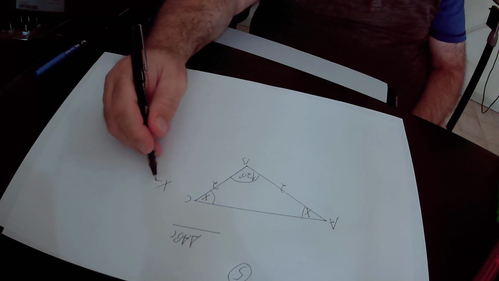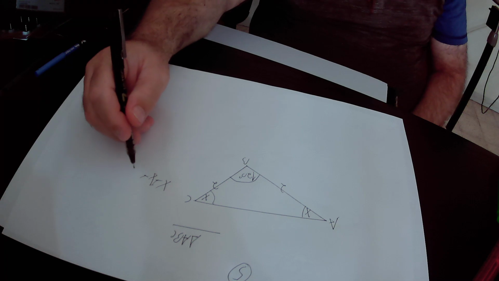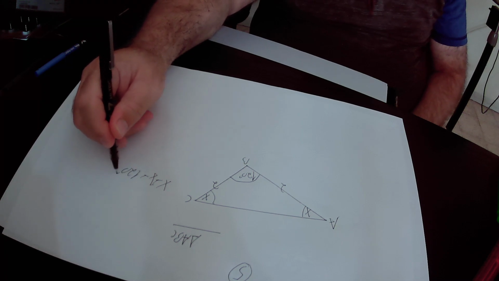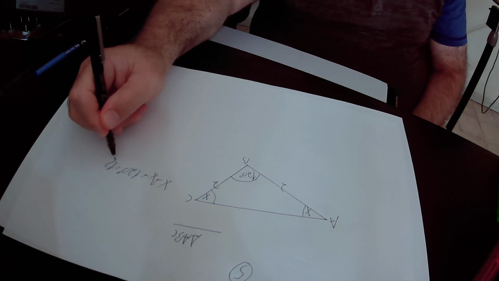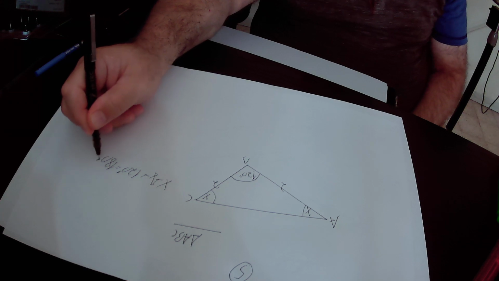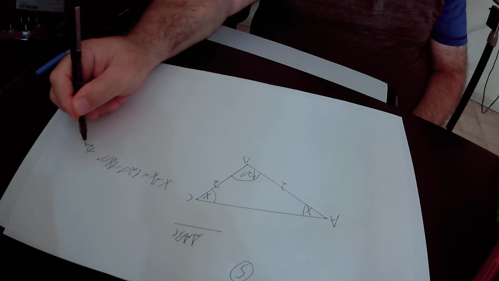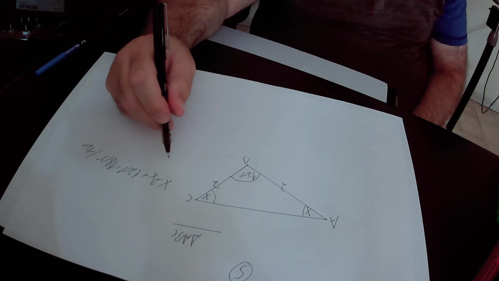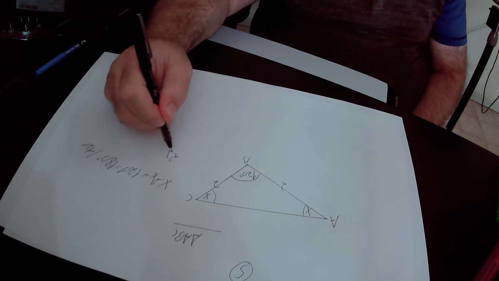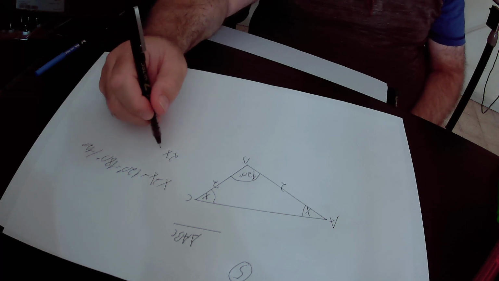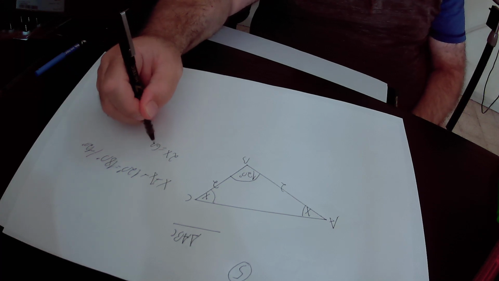So x plus x plus 120 degrees must be equal to 180 degrees. Here we subtract 120 degrees from this equation, and we get that x plus x, that is 2x, equals 180 degrees minus 120 degrees, which is equal to 60 degrees.